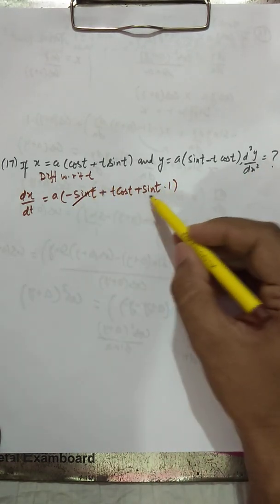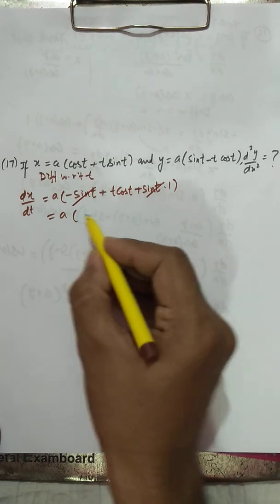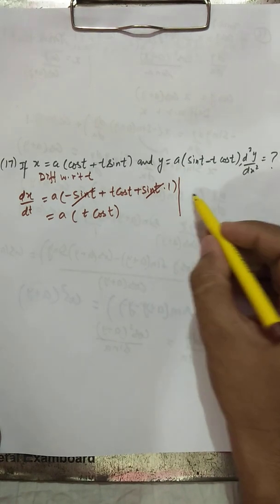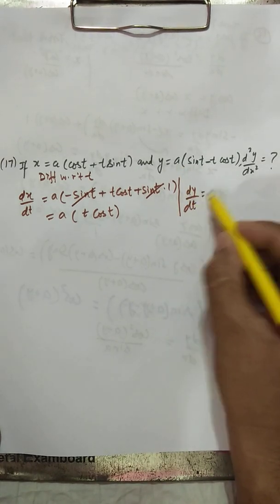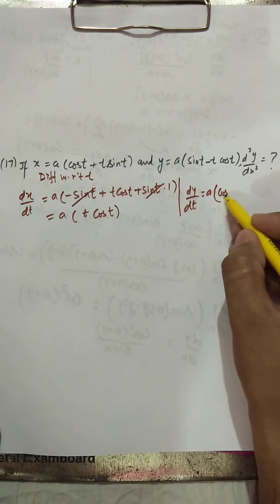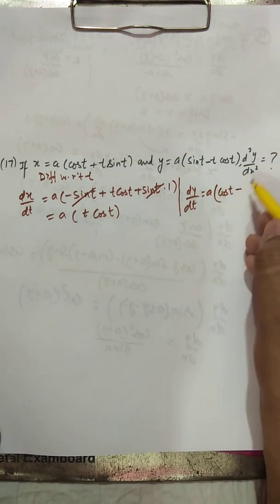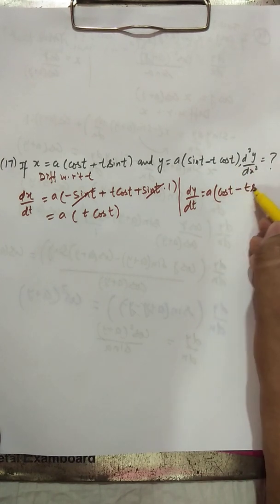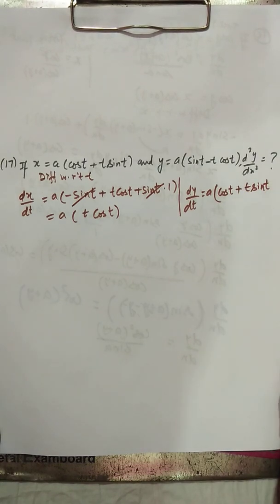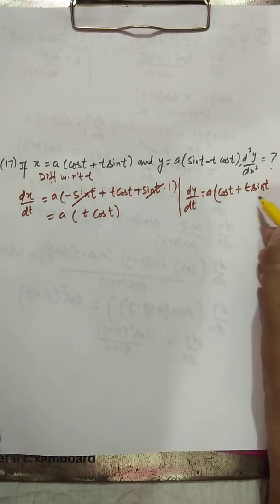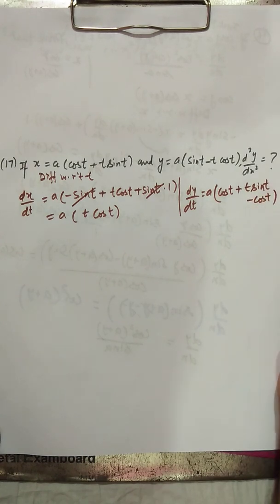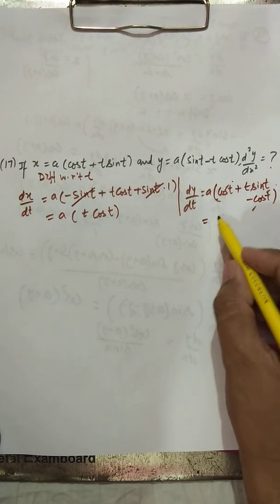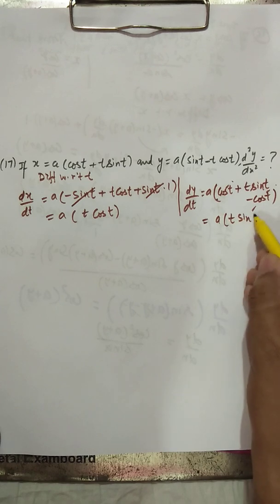So you can see this term and this term got cancelled, so this has come t cos t. Similarly, we will find dy by dt here also, so it becomes a sine t, differentiation is cos t, and this is minus, so I'm taking minus t first, and cos t derivative is minus sine t, so this becomes plus sine t, and minus is outside, so cos t will be minus cos t, and you can see this term and this term will get cancelled, so your dy by dt will be a t sine t.